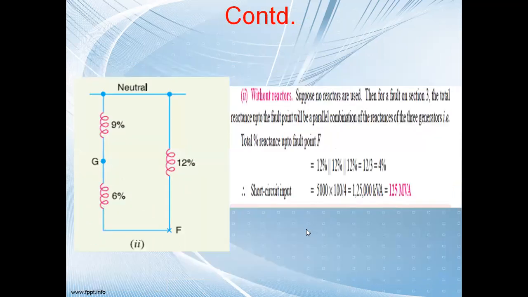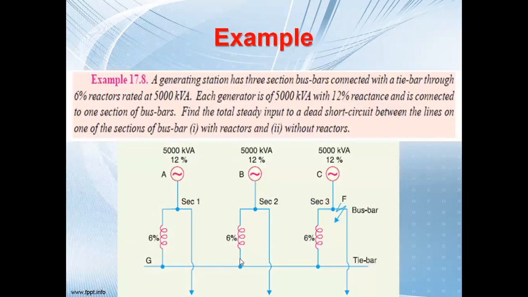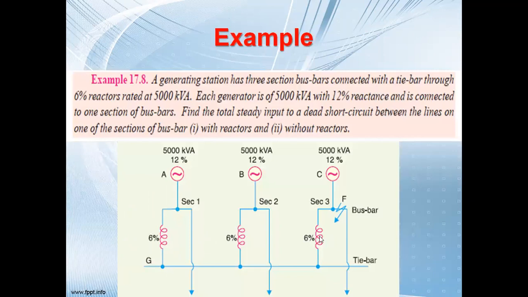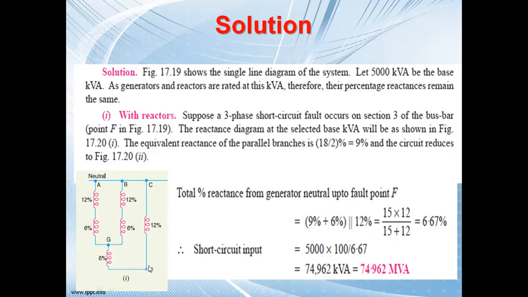Now let us say without reactors. Without reactors, I will not solve; I will ask you to solve. So this reactance is not present. That means between the main bus bar and the tie bar there is no reactance. These two are the same. So when there is no reactance, these reactances will be absent, and this point will be connected here.